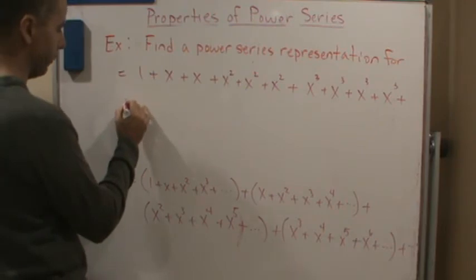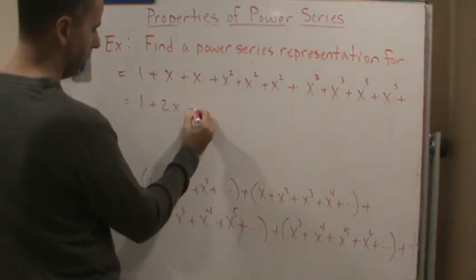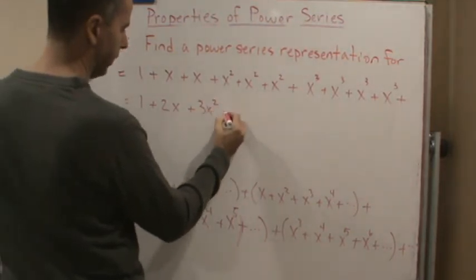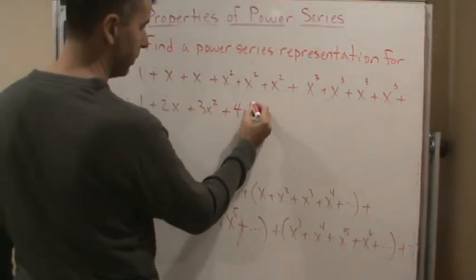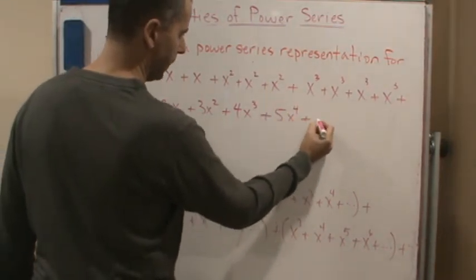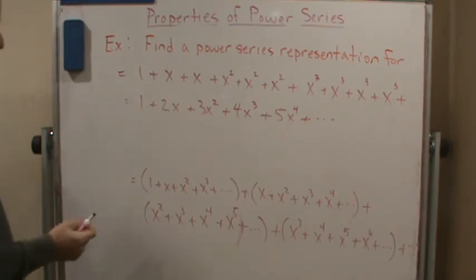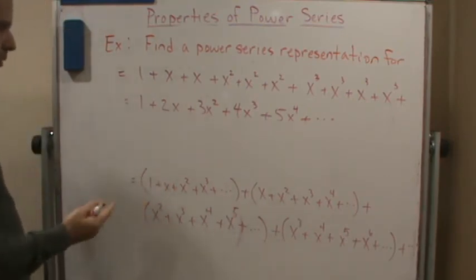So what do we end up getting? We get 1 plus 2x plus 3x squared plus 4x to the third plus 5x to the fourth plus and so on. So now, what's e sub n?